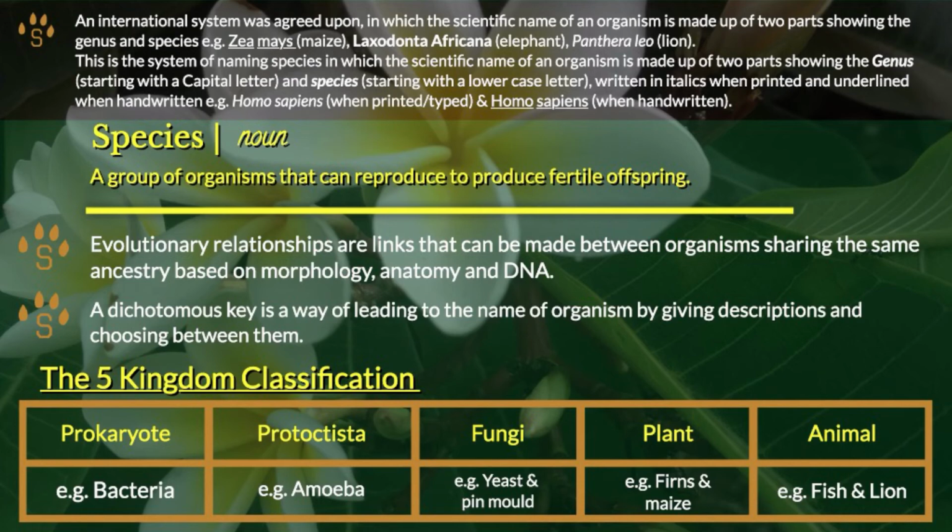Pin mold is the one you can find on bread. Then we go for the fourth one, which is the plant. Plants, for example, ferns and maize. Then we have animals as well, for example, fish and lion. You see, we are Shumba foot, so we have to give that as an example.